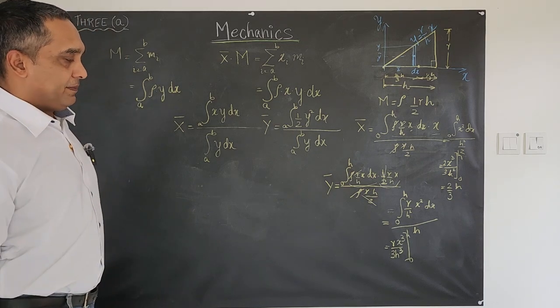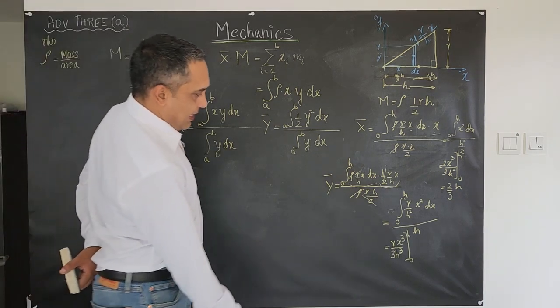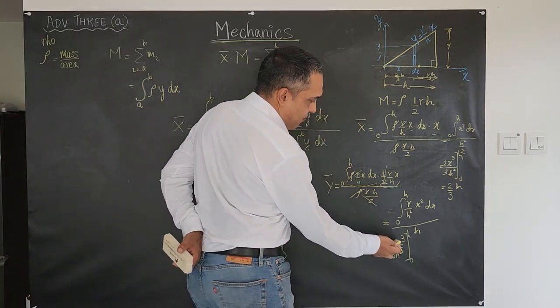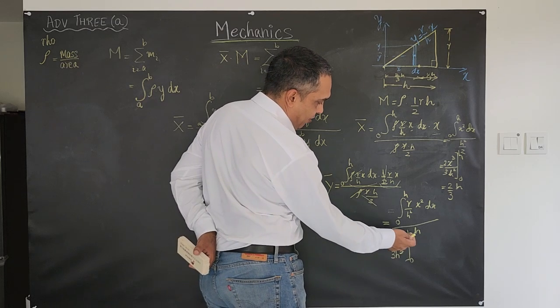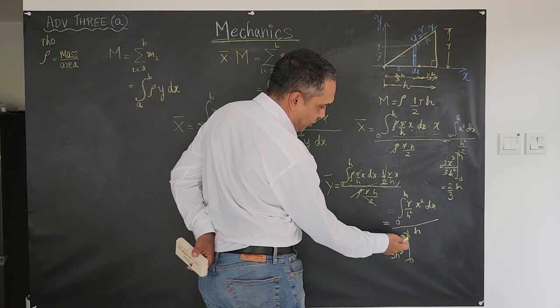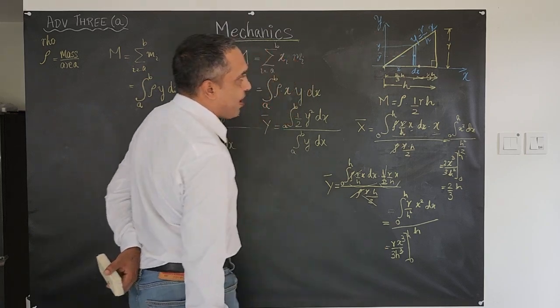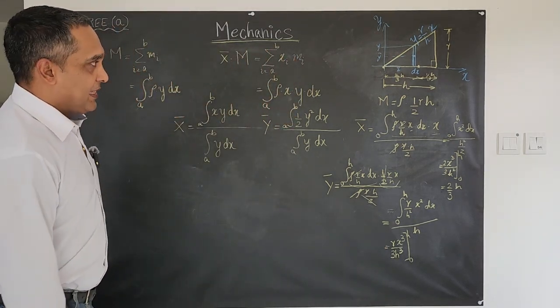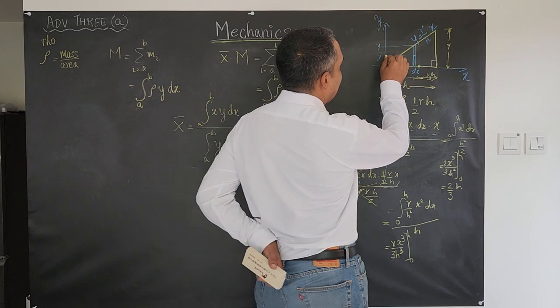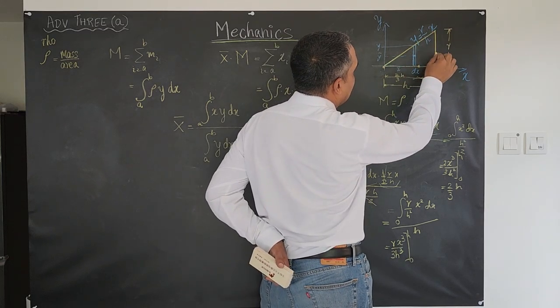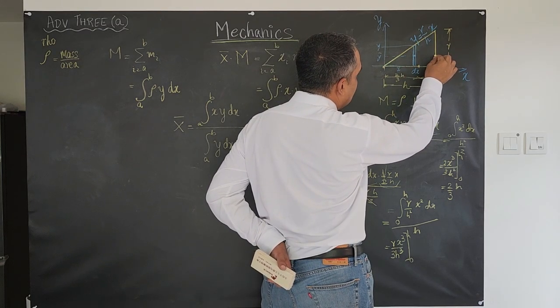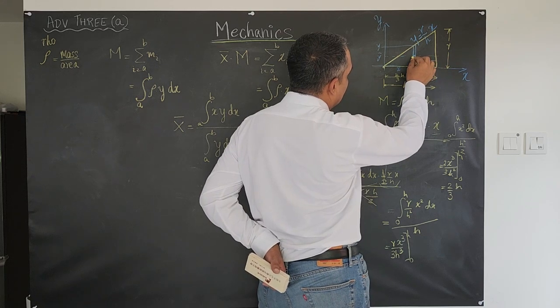What was going to happen? If it's 0, all clears out, whole thing is 0, but if it is h, it's h cubed and h cubed, they go away, and I'm left with r by 3. So independent of this, I can safely say that when I integrate, it's somewhere r by 3, it's somewhere here.